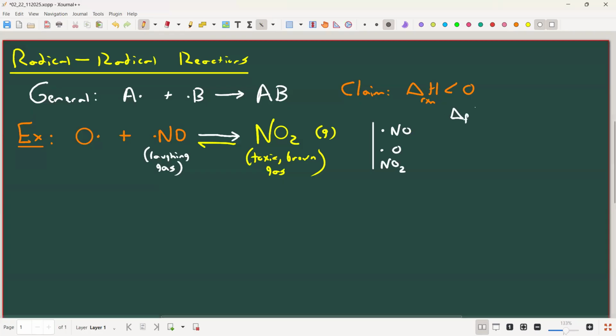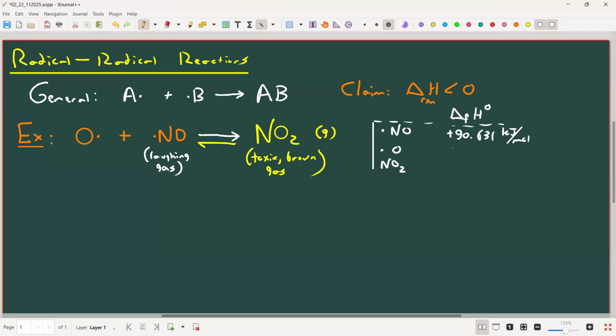Our formation enthalpies at standard conditions for our species are plus 90.631 kilojoules per mole for NO. O has an enthalpy of formation of 246.844.